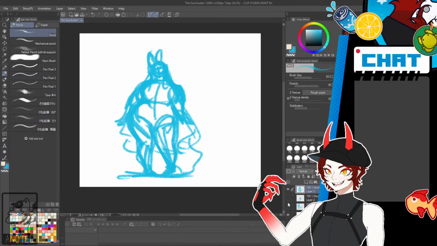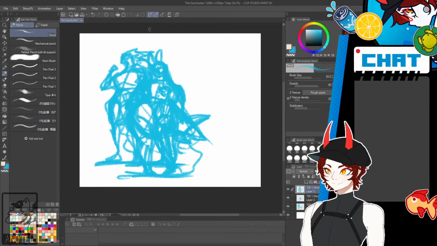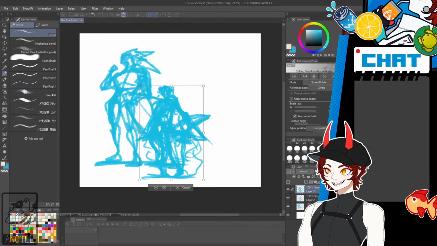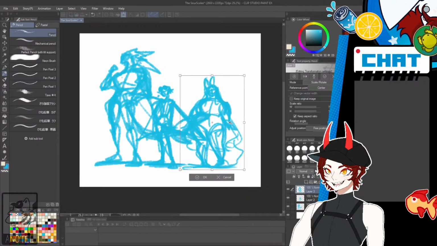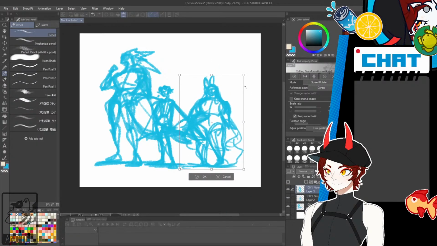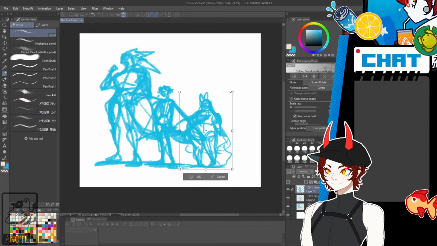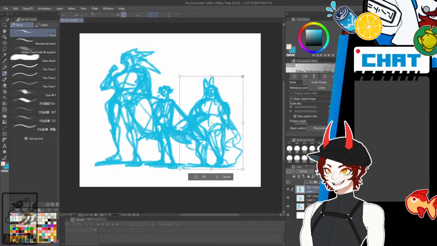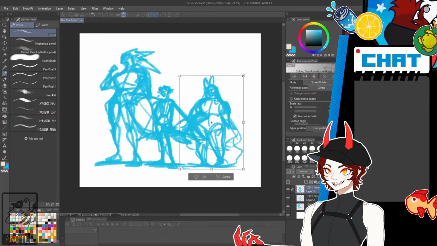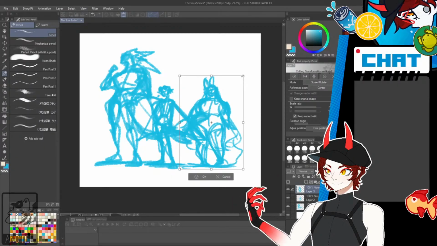I don't like doubling up so much. I try not to anyway. Do I want her shorter, or I think it's funnier if she's a little bit taller.